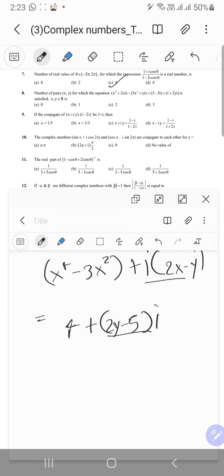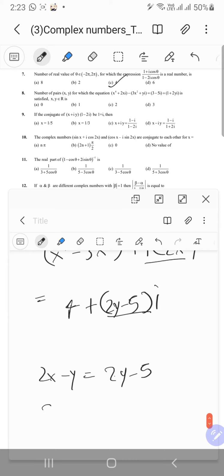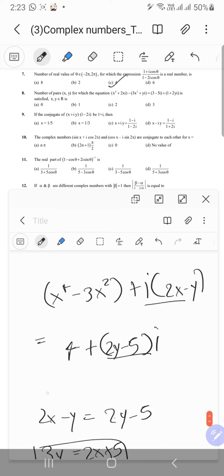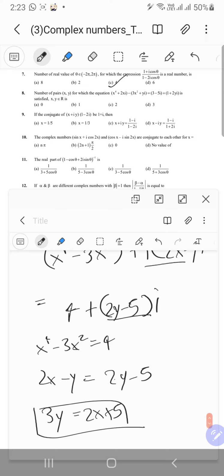So because x, y are real numbers, it's going to be 2x minus y equal to 2y minus 5. So that gives 3y equal to 2x plus 5. Our first equation. And what's the other equation that we have? We have x power 4 minus 3x squared equal to 4, which means x power 4 minus 3x squared minus 4 equals to 0.